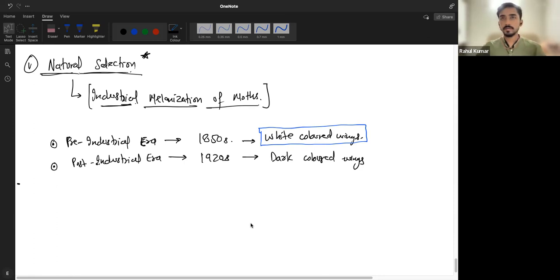Because they could easily camouflage in the light colored bark of the trees.